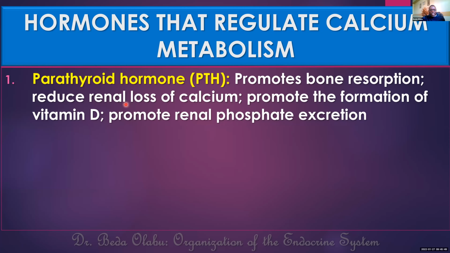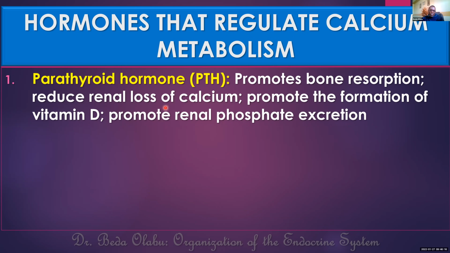It also reduces the loss of calcium in urine. That means that calcium becomes recycled to the bloodstream. Those two mechanisms lead to increasing the levels of serum calcium. So the take-home message is that parathyroid hormone elevates serum calcium levels.